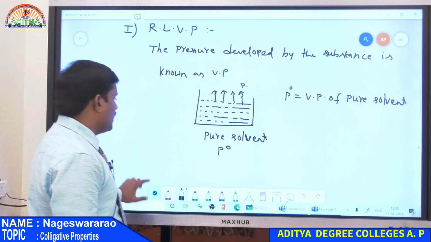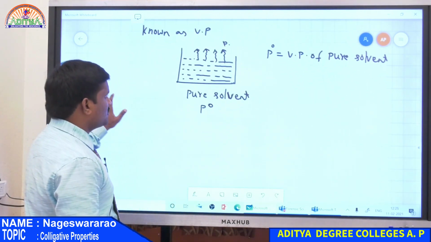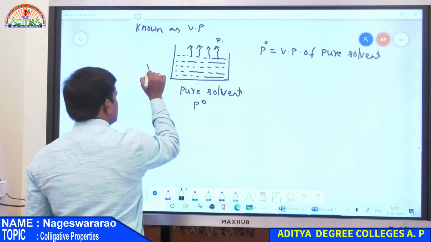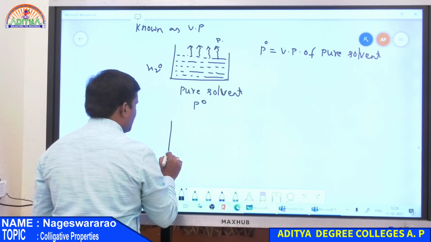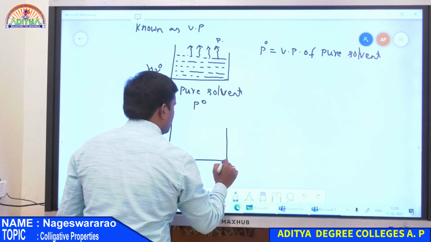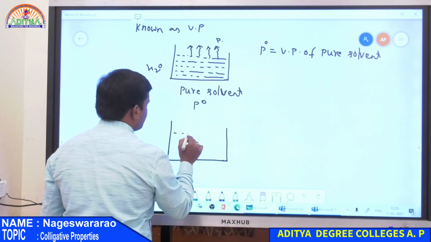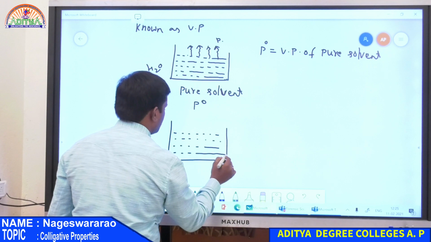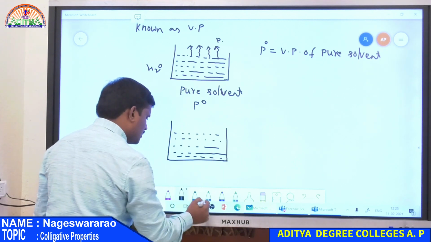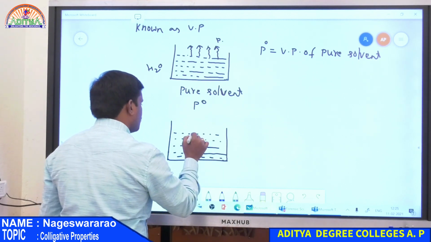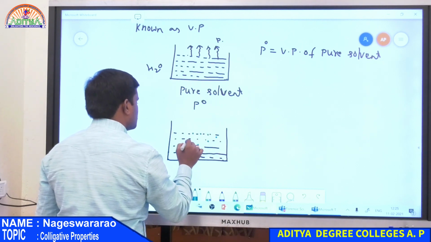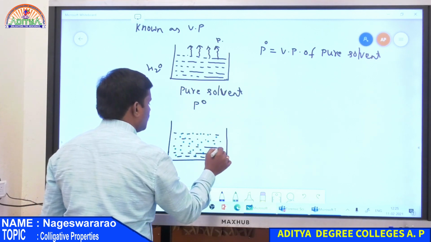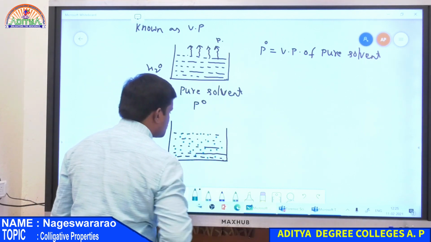Now, whenever a non-volatile solute is added to this solvent, suppose this is water, and I am adding sugar to this water. This is a solution of sugar. All these blue dots represent sugar particles.